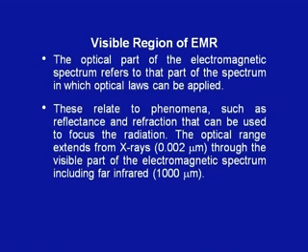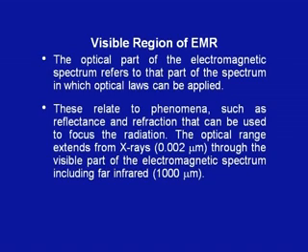First is the visible region. The optical part of the electromagnetic spectrum refers to that part of the spectrum in which optical laws can be applied. These relate to phenomena such as reflectance and refraction that can be used to focus the radiation.